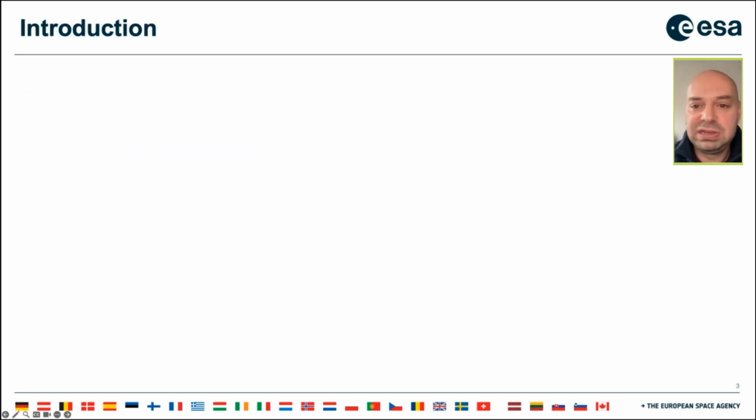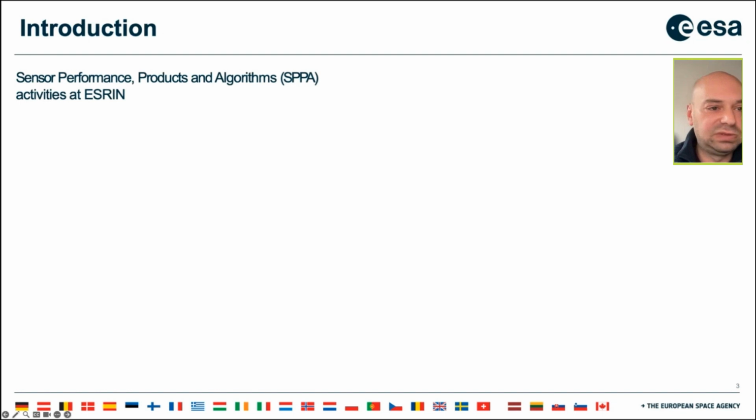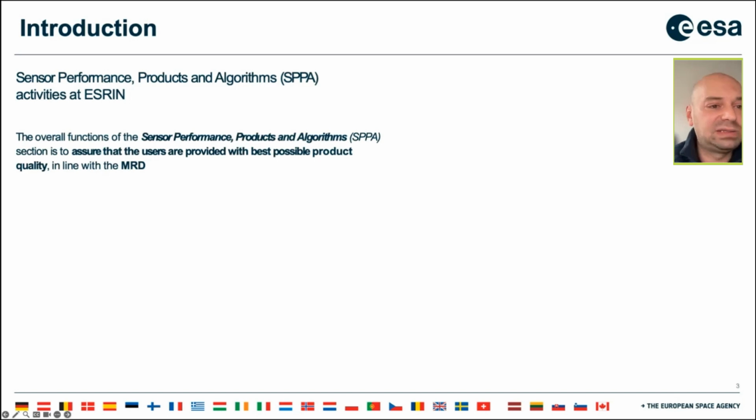As I was saying in the beginning, in the division, we are responsible for the satellite mission management and overall product quality. If we go one hierarchic level in this ESA structure, at section level, I am part of the section called Sensor Performance Products and Algorithms. And the main activities are centered around ensuring that the users are provided with the best possible product quality in line with the mission requirement documents.